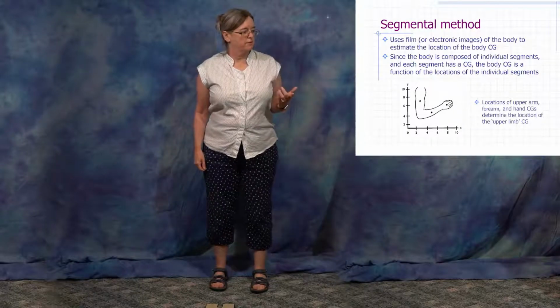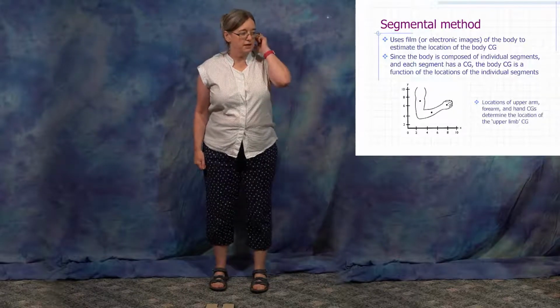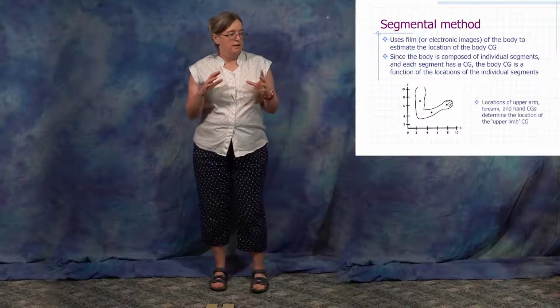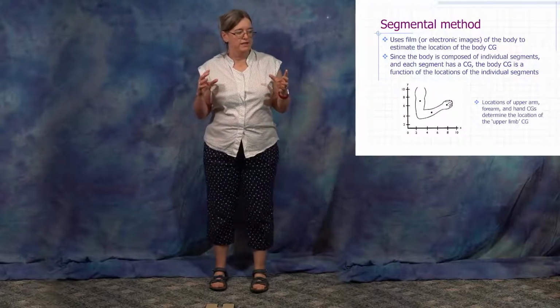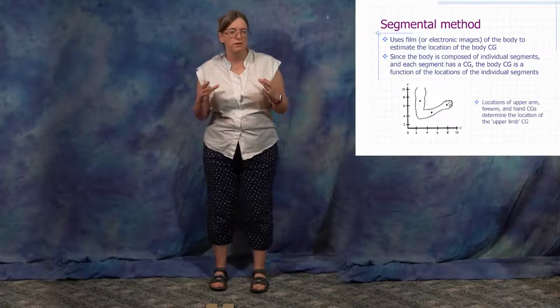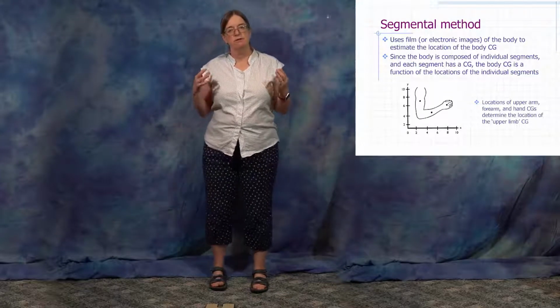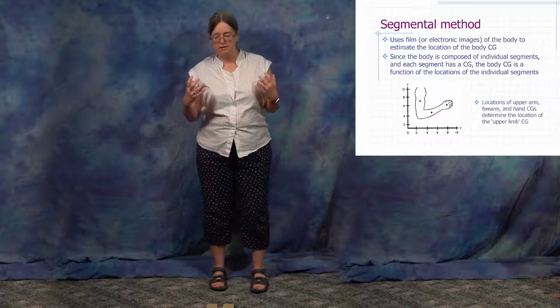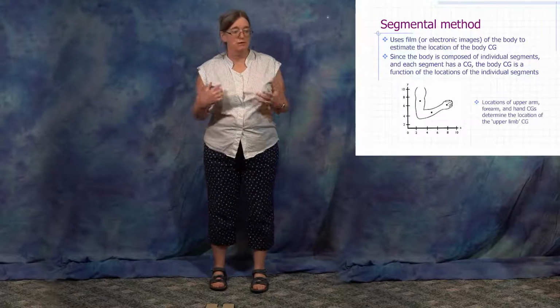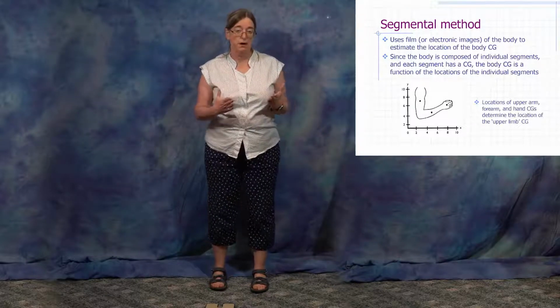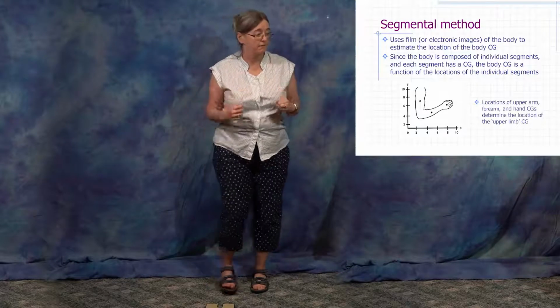The next one has to do with finding where, and this is probably the most important, the center of gravity of all the different body segments involved, individual body segments, and combining them.